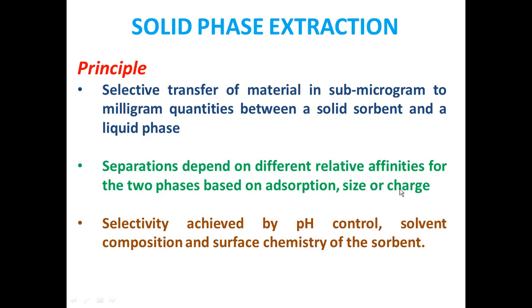And even size or charge. Based on the size, the solutes are separated. If certain solutes are smaller in size, their penetration into the solid sorbent will be more when compared to larger solutes. So larger solutes are going to be excluded.